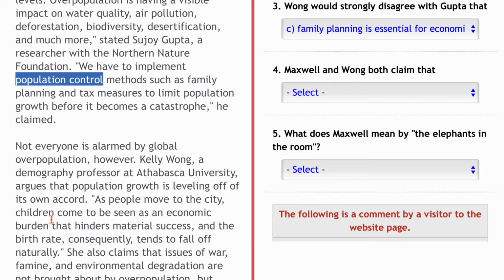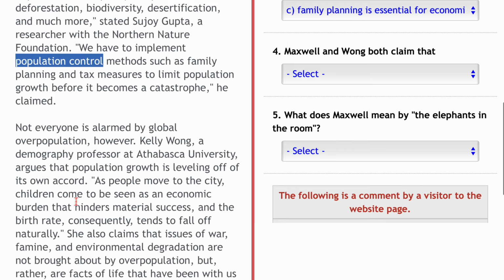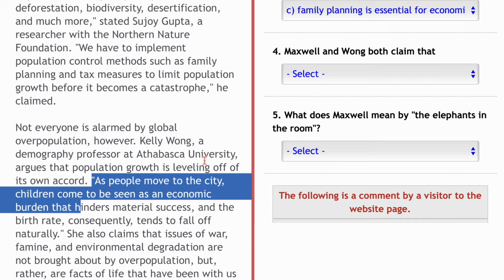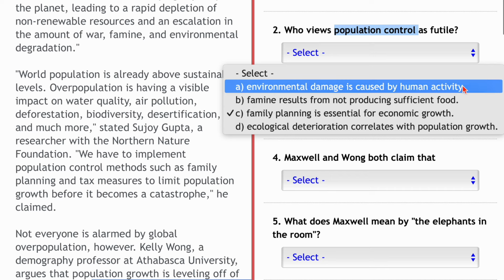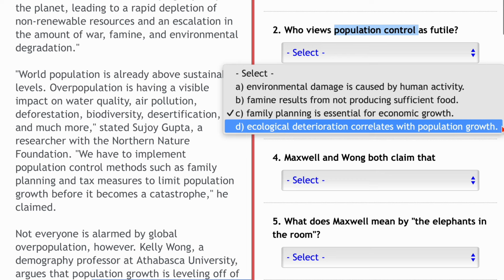Wong mentioned that people don't want to have children when they move to cities. Okay? So, not related there. So, A, environmental damage is caused by human activity. D, ecological deterioration correlates with population growth.